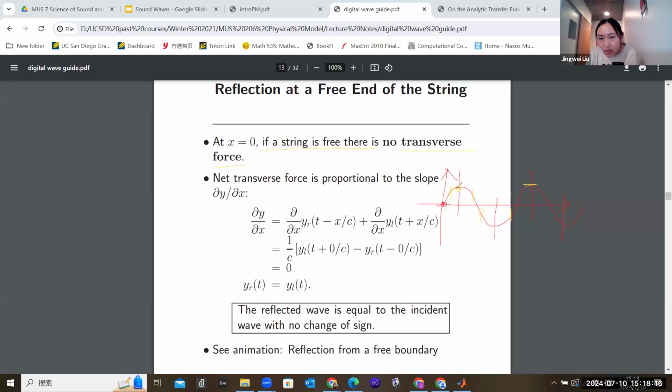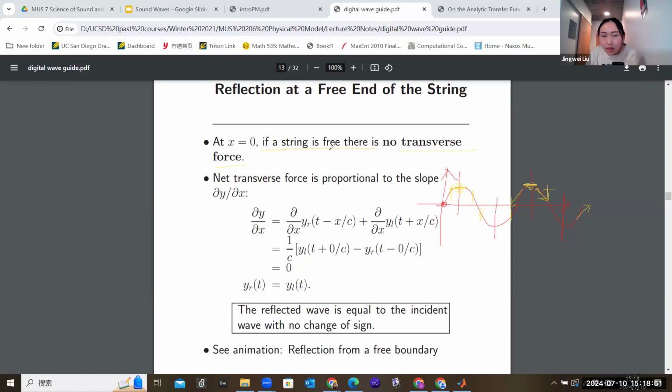At any other position, there will be tension along the tangent, and when you decompose this, there will be some transverse force. Only at this position, when the amplitude reaches the maximum, there will be no transverse force.